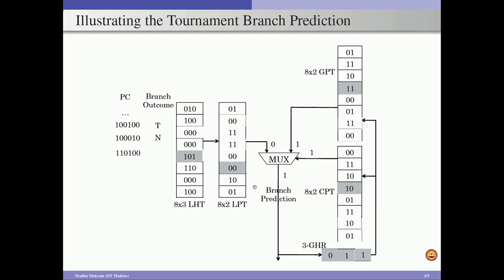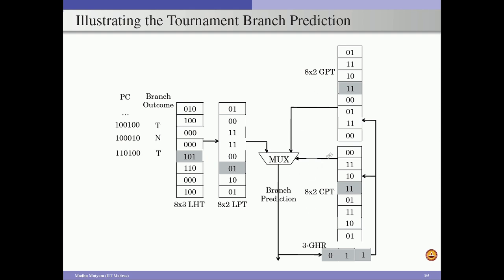Now see what is the actual outcome of this branch, and this is also taken. So, effectively our prediction is correct according to the branch outcome. Now, we have to update the contents accordingly. Once it is taken, we have to change this value. Previously the value was 0 0, now it is changed to 0 1, and here the previous value is 1 1, but 1 1 is because we are considering a saturation counter, so there is no change in the value here.